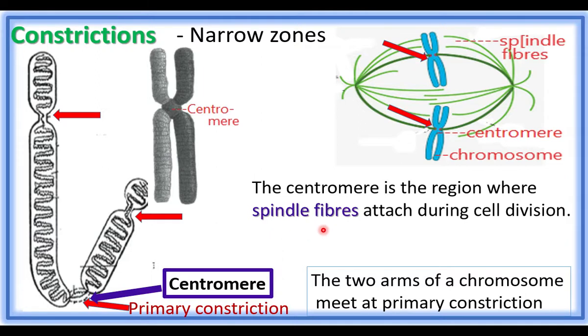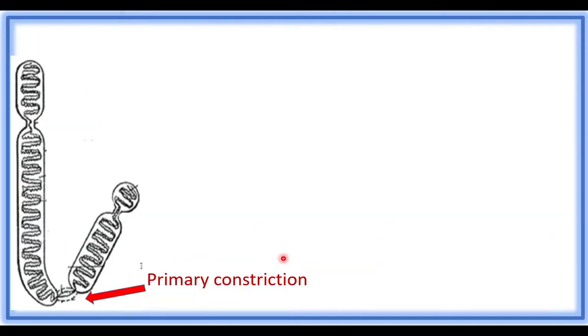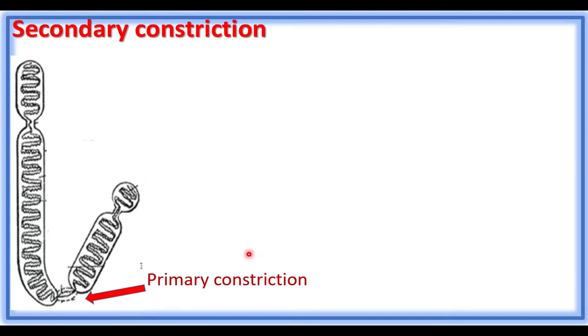Spindle fibers attach during cell division at the centromere of the chromosome. What are secondary constrictions? The constrictions other than primary, they may be at any place of the chromosomes. Some of the chromosomes have secondary constriction. It may be more than one also. This is a secondary constriction.